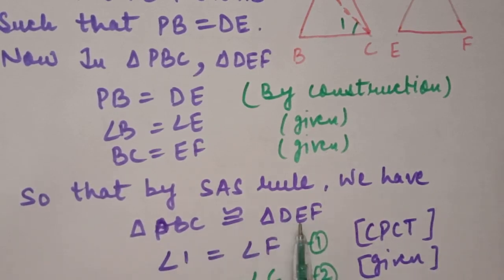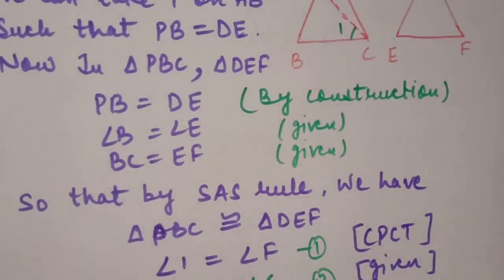If these two triangles are congruent, then as I already told you, the remaining parts of these two triangles are automatically equal to each other by CPCT. CPCT means corresponding parts of corresponding triangles.